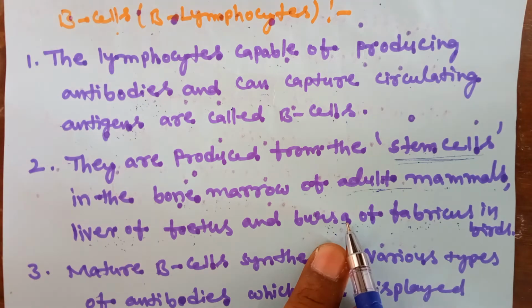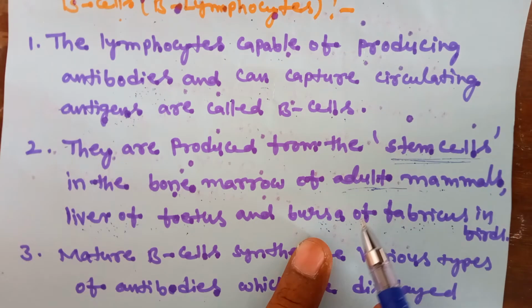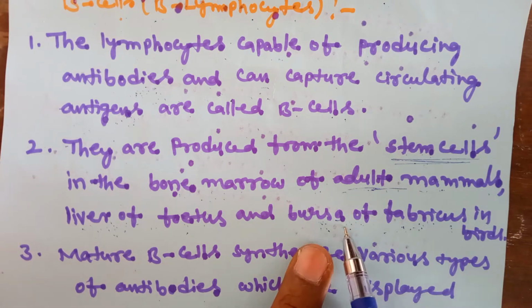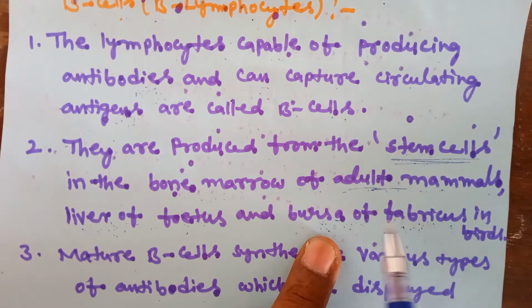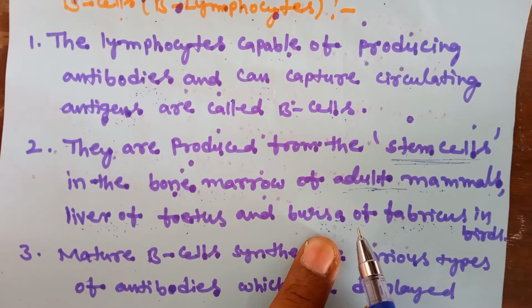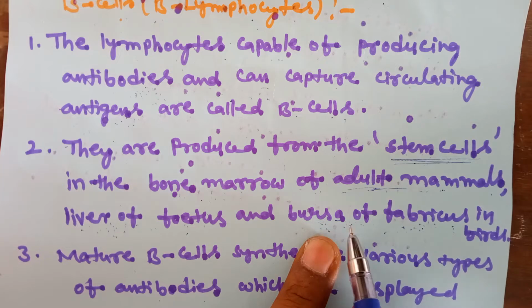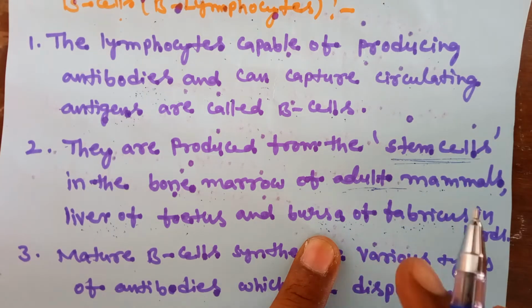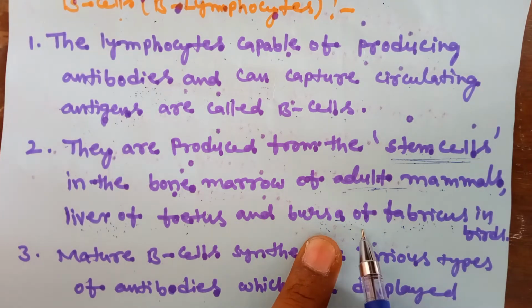In birds, the bone marrow is absent. If bone marrow were present, the body weight would increase and birds could not fly. The bird's bones are filled with air; they are called pneumatic bones.